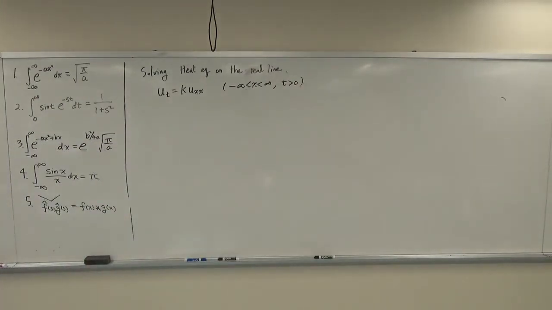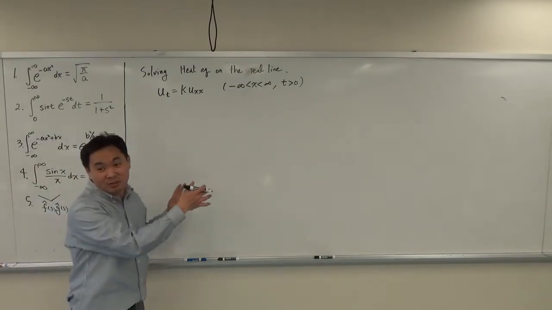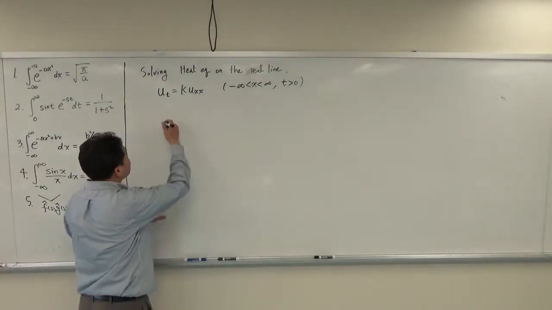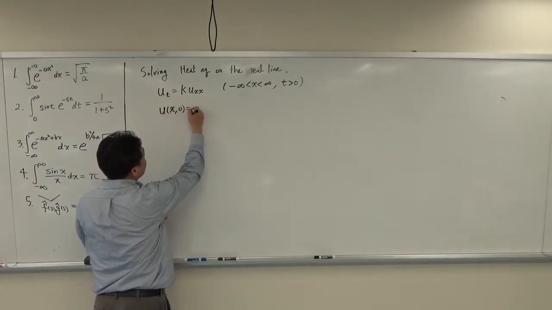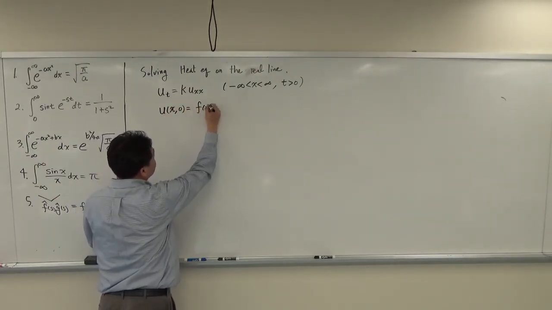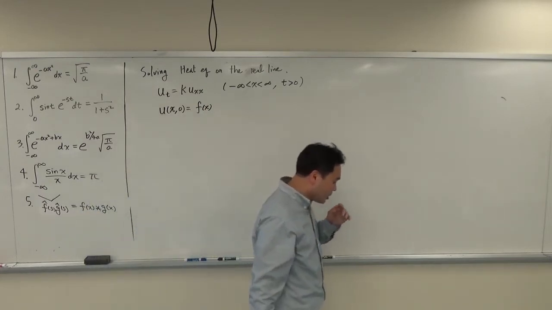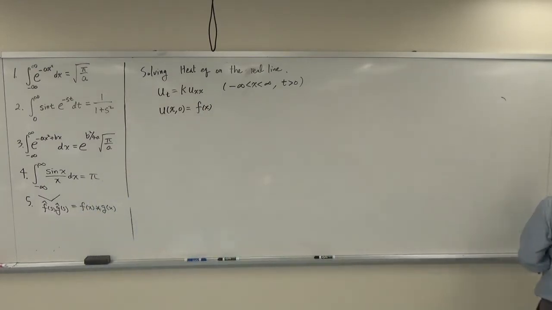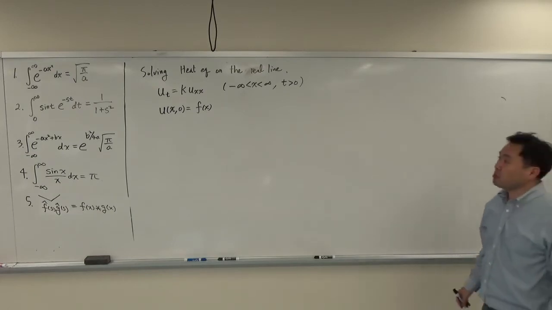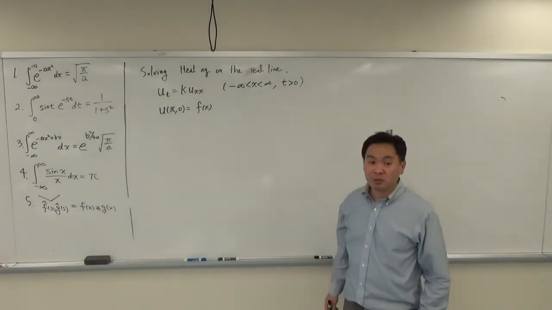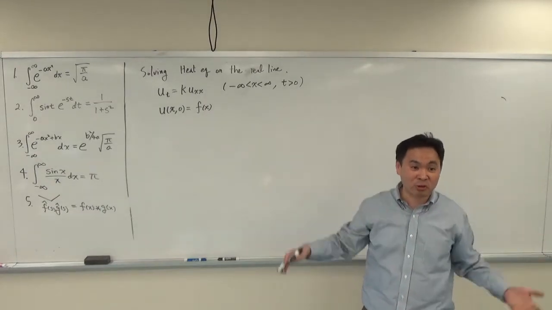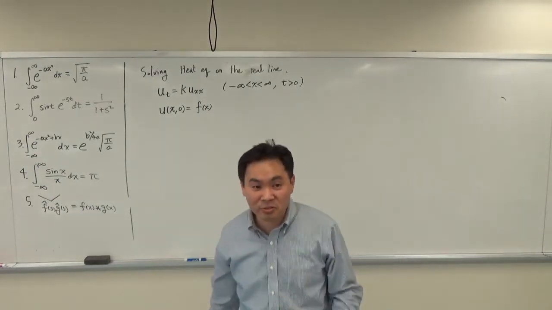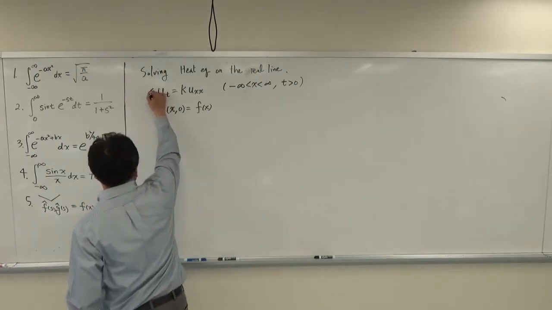Therefore, there's no boundary condition at endpoints. All we're going to do is assume that the initial condition, u(x,0), is some function of x, and that function of x would be some function that decays rapidly at the ends, so that your Fourier transform does exist. So let's try to solve this.